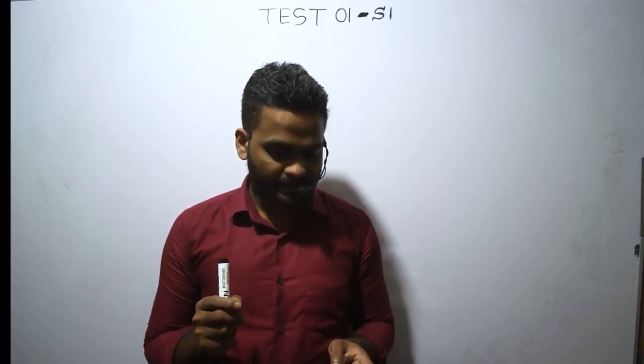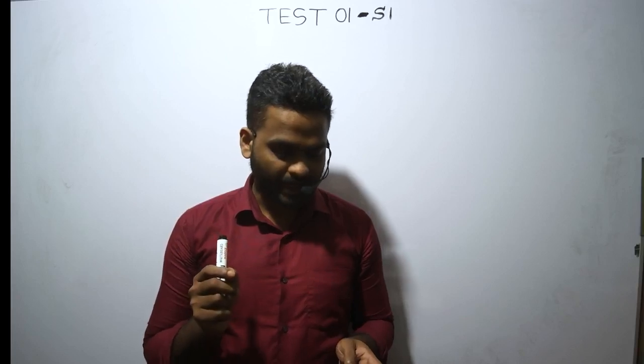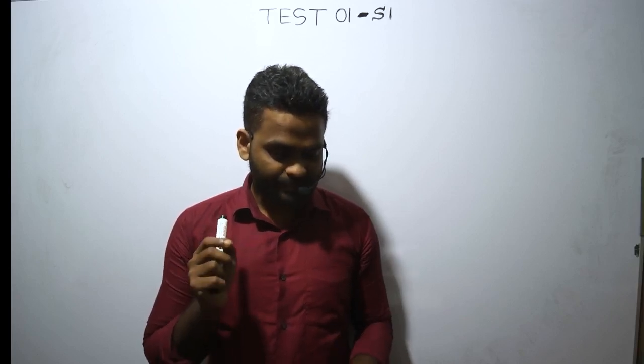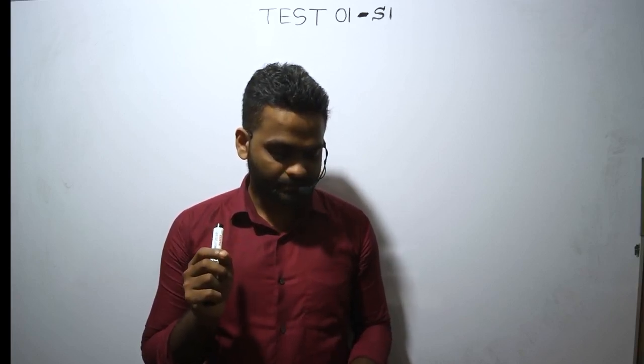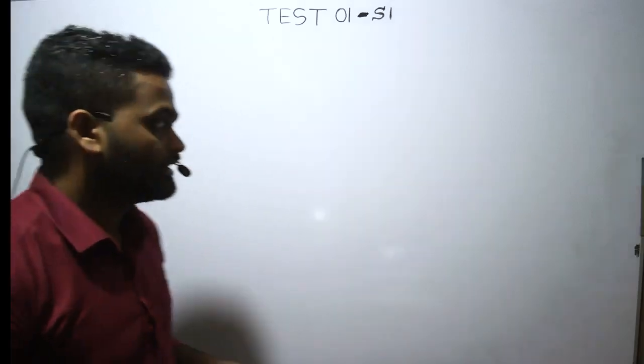Second question. A mass in simple harmonic motion around a point O with amplitude A and time period of capital T. The displacement of the mass when it moves for 3T over 4 after passing the point O is, right?